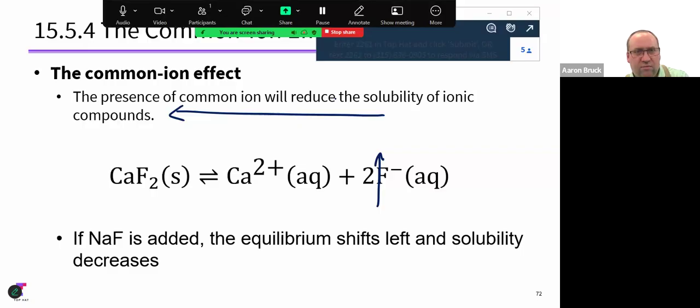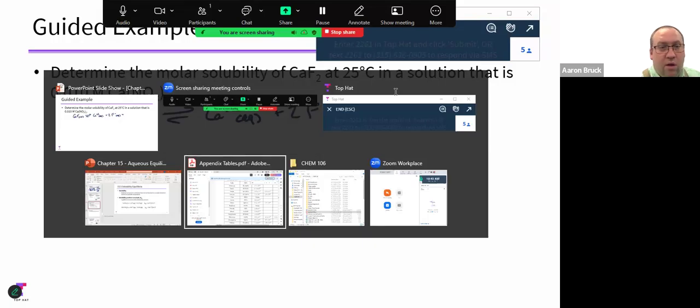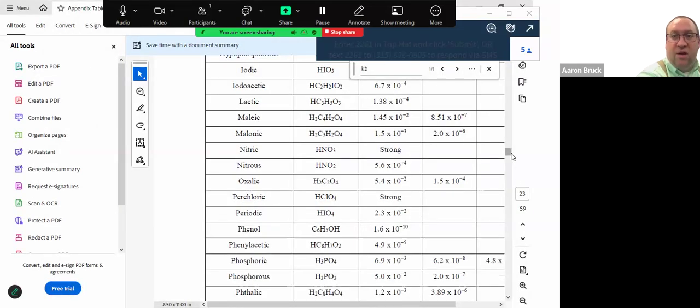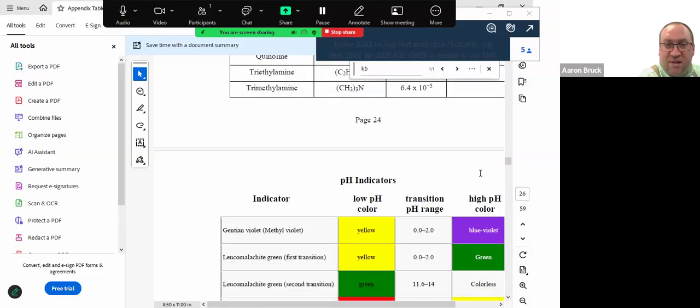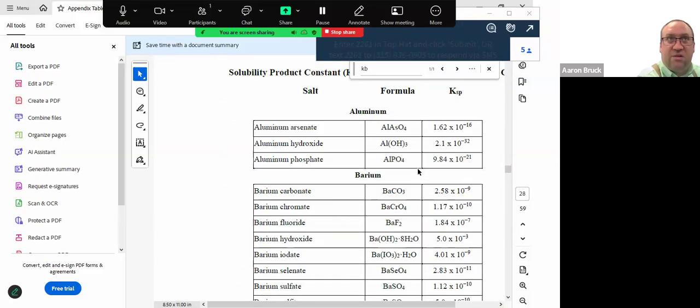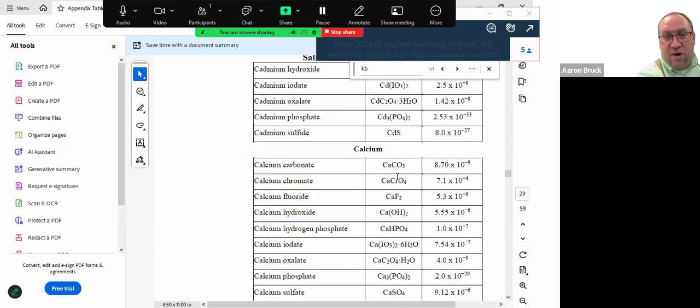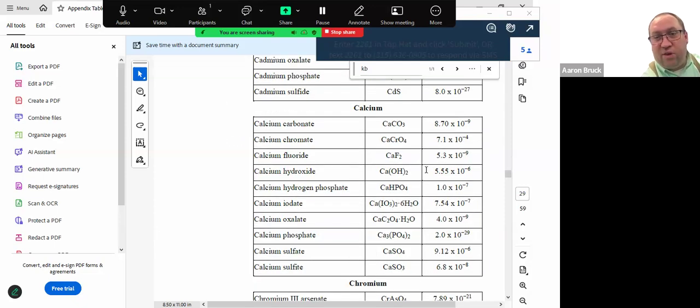And I need to look up the KSP value here real quick. So if I'm in that same group of appendix tables here, if I go past the Ka and Kb values, I get these. And so I want to look up calcium fluoride. Calcium fluoride, 5.3 times 10 to the negative ninth.